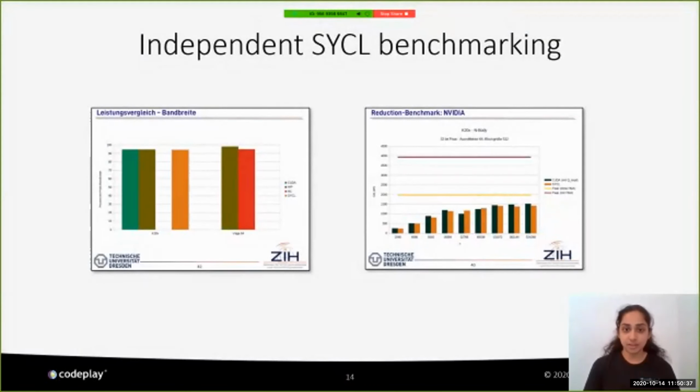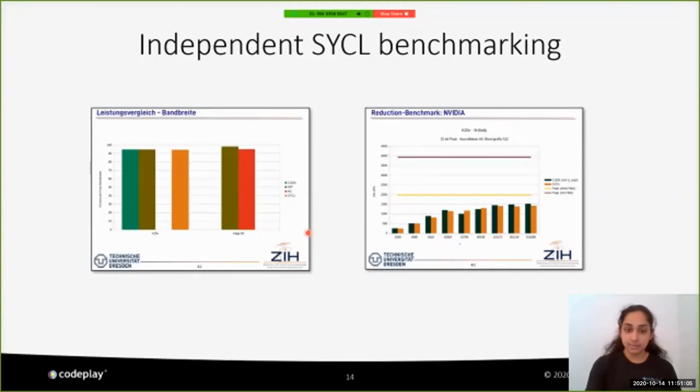The next benchmarking we are going to be talking about is for reductions using SYCL. This was done by University of Dresden. The graph on the left side shows bandwidth on the y-axis and the different systems on the x-axis. The graph on the right side shows peak performance, or the gigaflops, on the y-axis and the size on the x-axis.